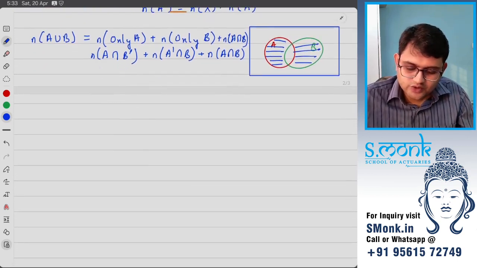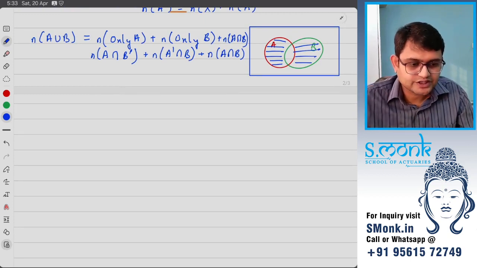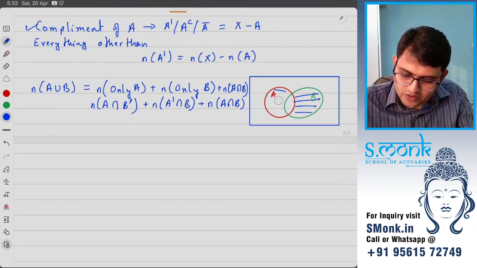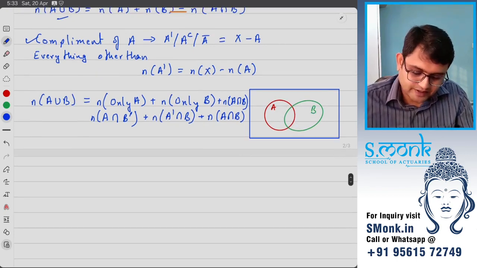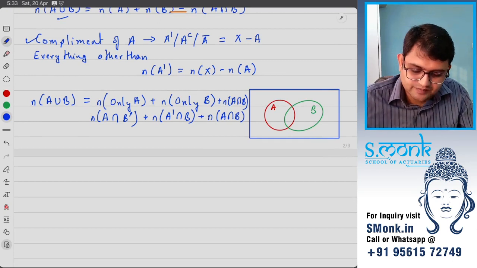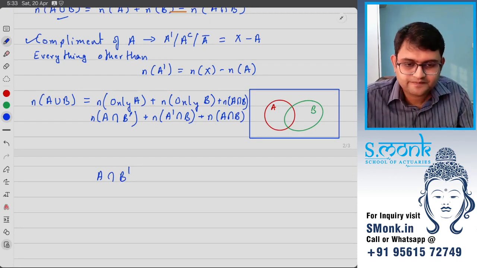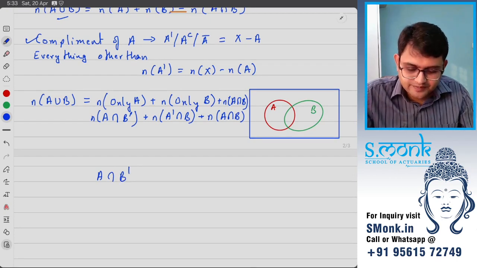So now we have talked about two formulas. Here we had considered only two sets. I talked about only A logically. Now let's talk about it mathematically. When I say A intersection B complement, what area does it represent?